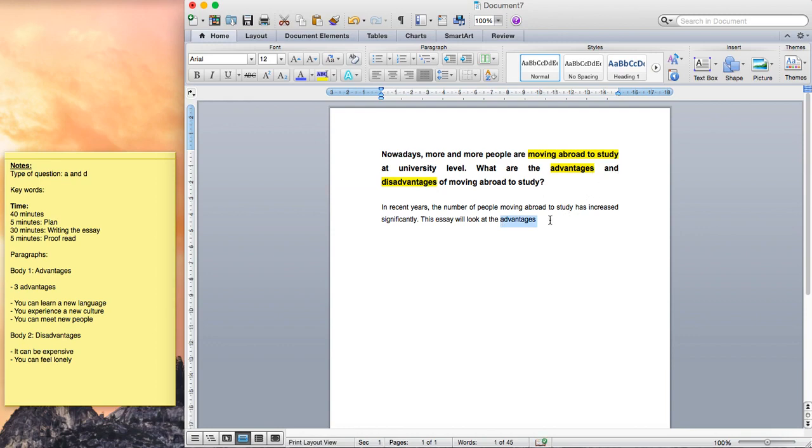The reason why we want to use a synonym for advantages is because you do not want the reader to feel like you've just copied a word or you're being lazy. You want to show off your vocabulary. So let's change this to benefits.